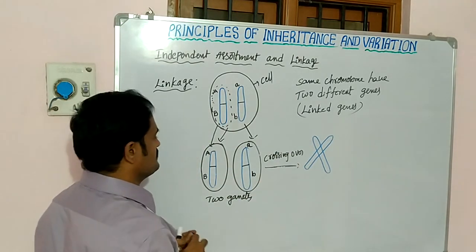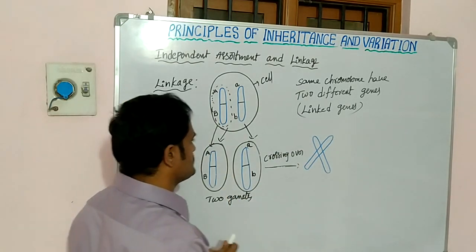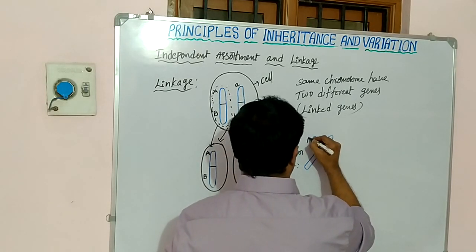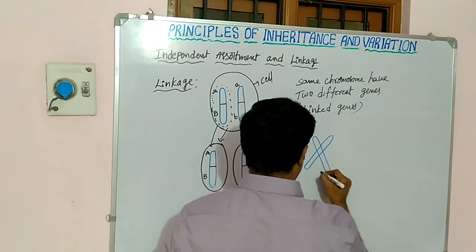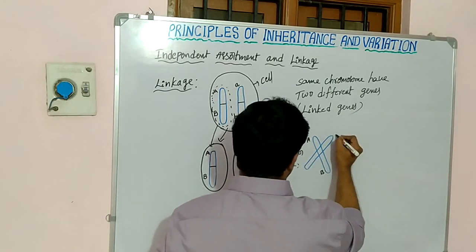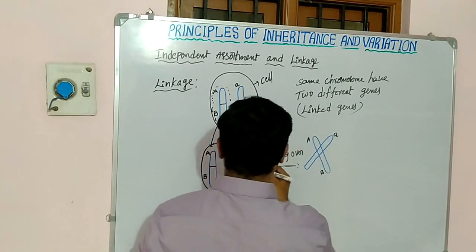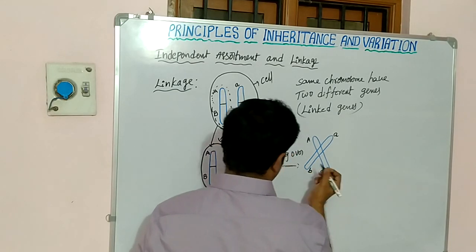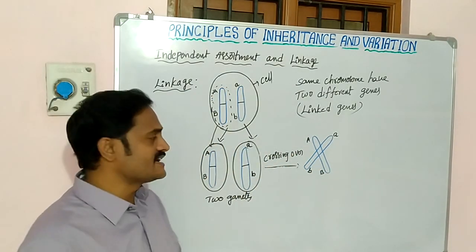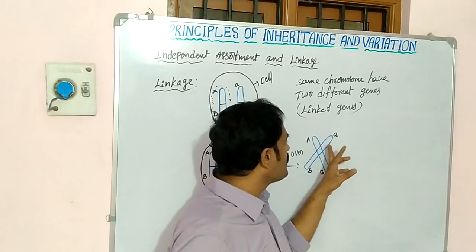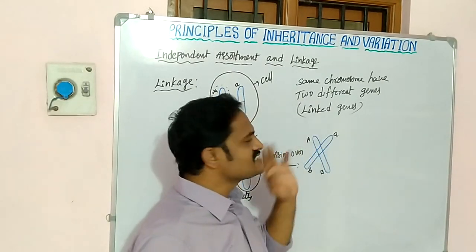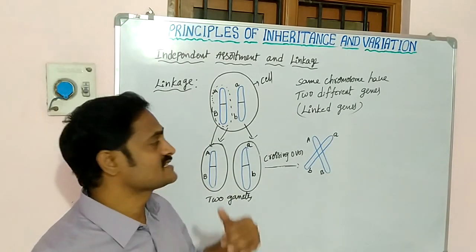The first chromosome has capital A and capital B, and the second chromosome consists of small a and small b. Once both chromosomes participate in the crossing over, they exchange their genetic material.